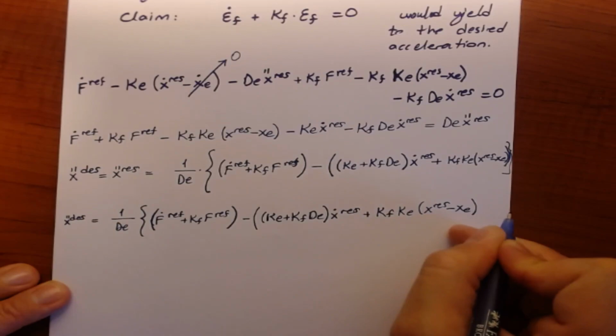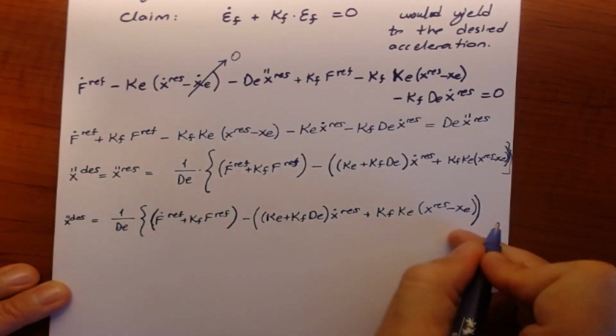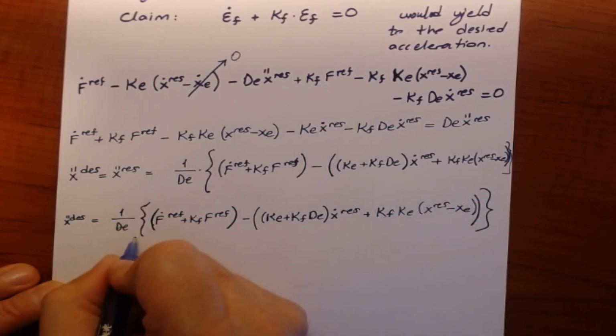So that is the position feedback in our system. Close the big parenthesis here and close the curly brackets.